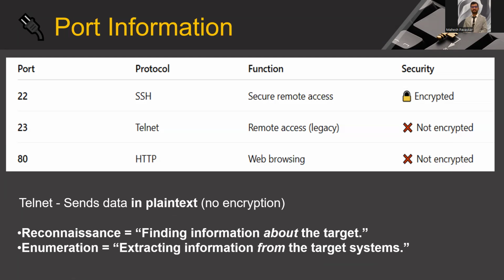If you know about the port usage, 22 is for SSH, secure remote access, encrypted communication. Whatever you are communicating between party A and B is in encrypted format, so it's a secure communication. 23 is a legacy protocol, and it's communication between party A and party B in plain text format. I will not recommend telnet if you are trying to set up something.